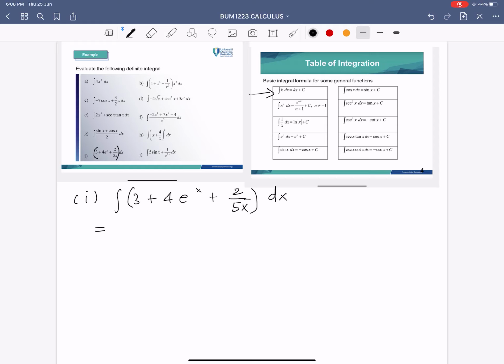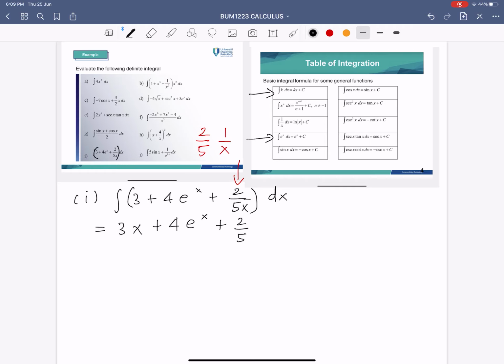So integration of 3, we get 3x, and then plus 4. 4 is just a constant, it remains there. And then e power of x is this one. So integration of e power of x is itself. So 4 times e power of x plus, for this part, what we have here is 2 over 5 times 1 over x. 2 over 5 is just a constant, so we will write here 2 over 5.